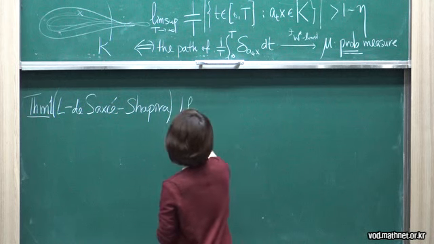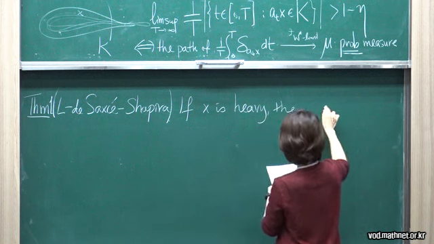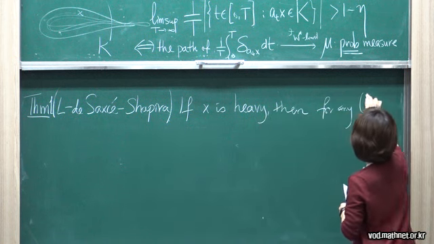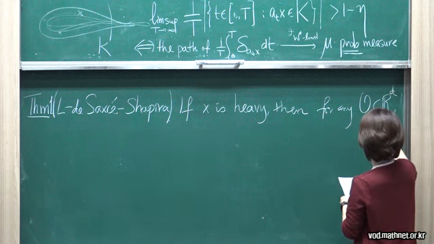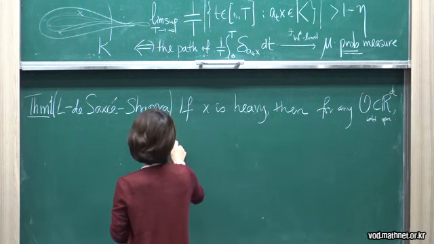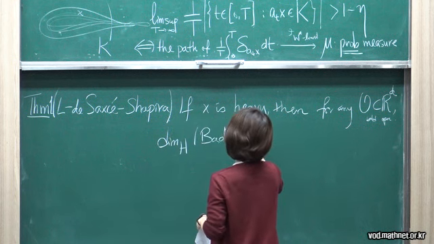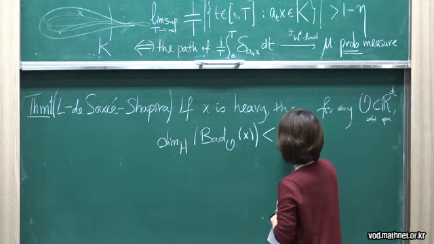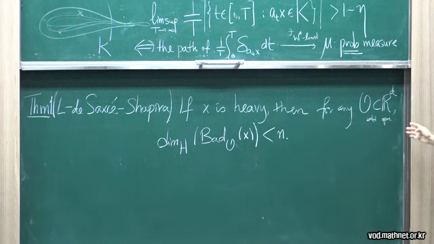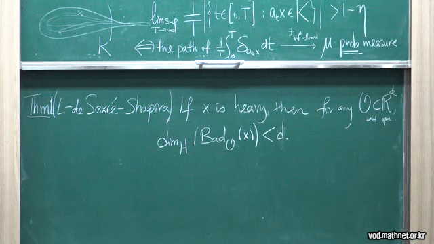If x is heavy, then for any O bounded and open, the Hausdorff dimension of those bad grids that are sitting on x, so in the fiber over x, is not full. So it's less than d. We're in R^d, so we're looking at subsets of R^d, and the Hausdorff dimension is not full.